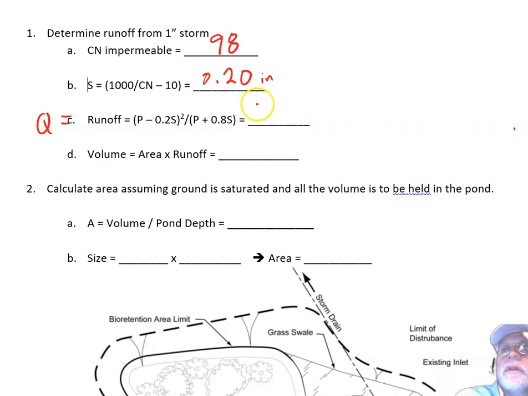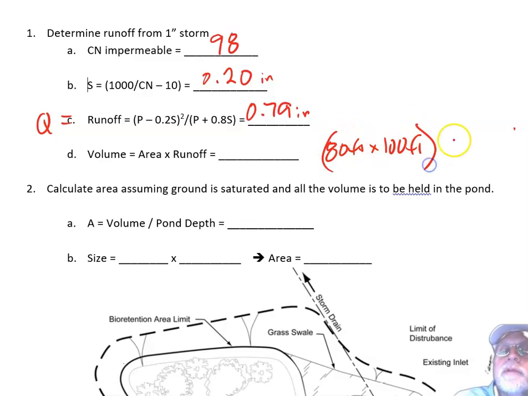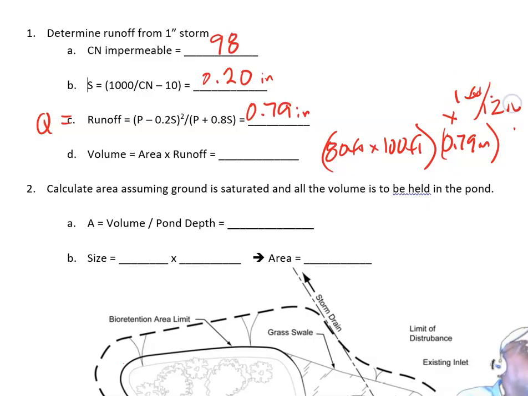We plug in our numbers and we get 0.79 inches. So then the volume of runoff is the area, 80 feet by 100 feet, times the runoff of 0.79 inches. Take that times 1 foot per 12 inches, and we get 527 cubic feet.